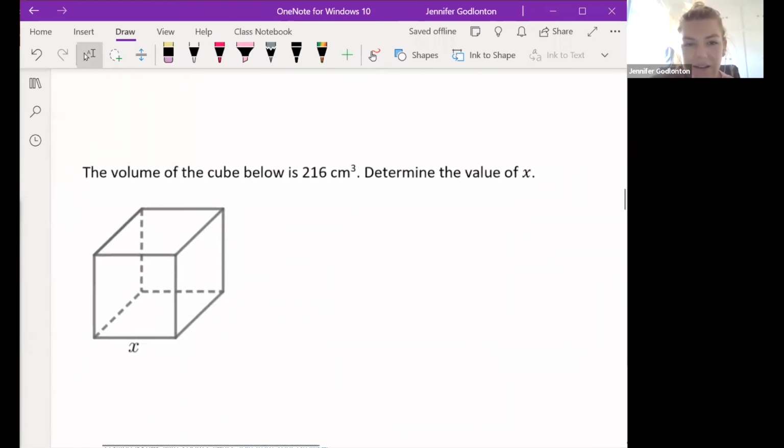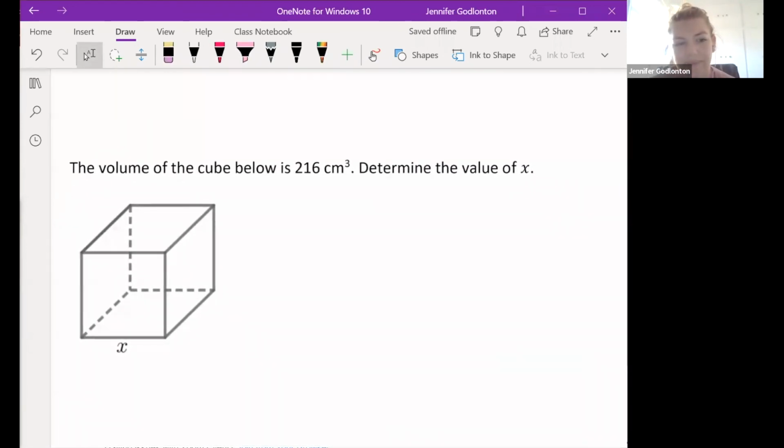Okay. Guys, give this one your best go. Just try your best, see how it goes.